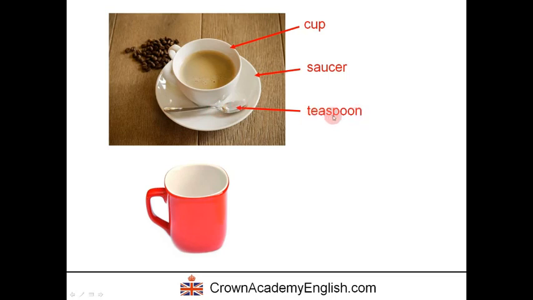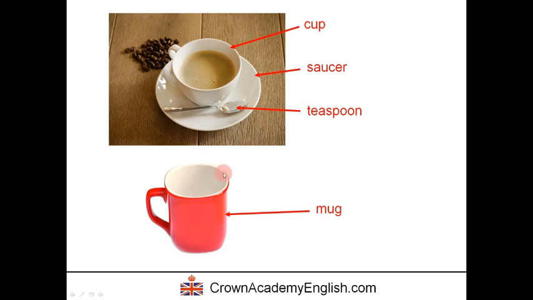A teaspoon. Even if we are drinking coffee, we still call it a teaspoon. We don't call it a coffee spoon. We always call it a teaspoon. So it's the name that we give to this small spoon. We often use this spoon also perhaps to eat yogurt. Okay? But again, we call it a teaspoon.